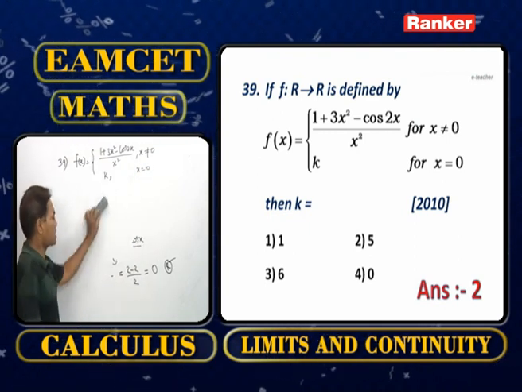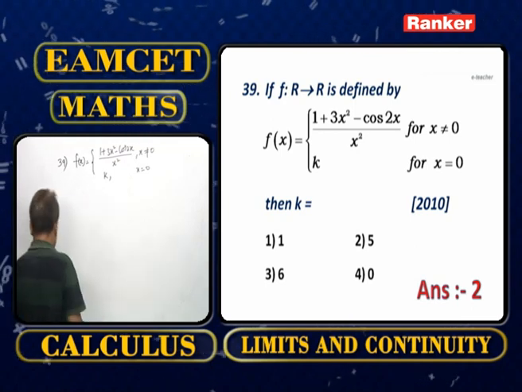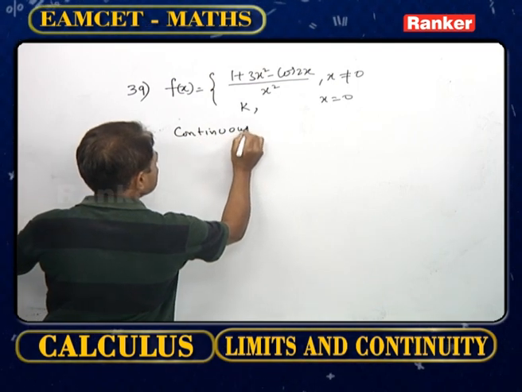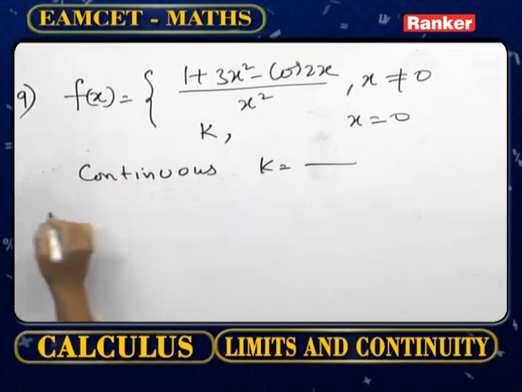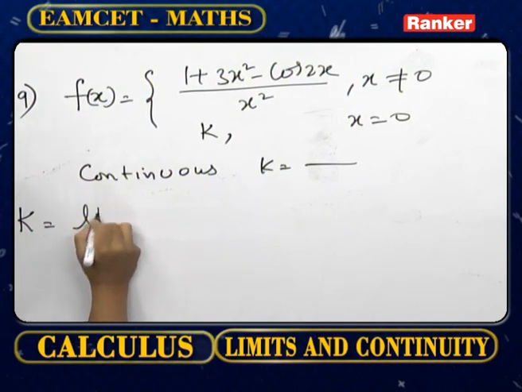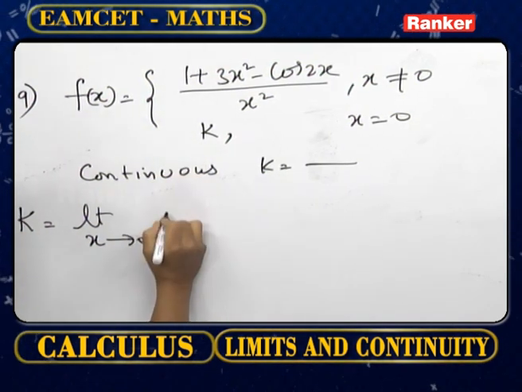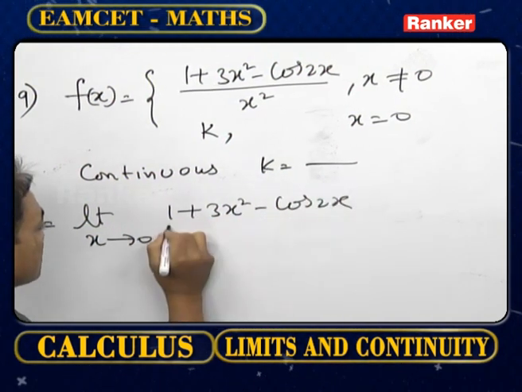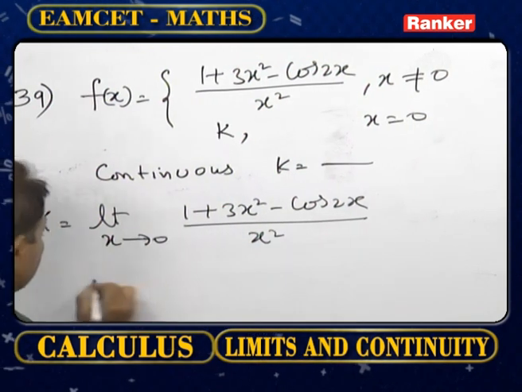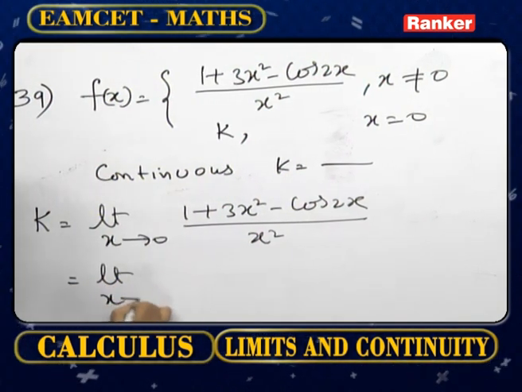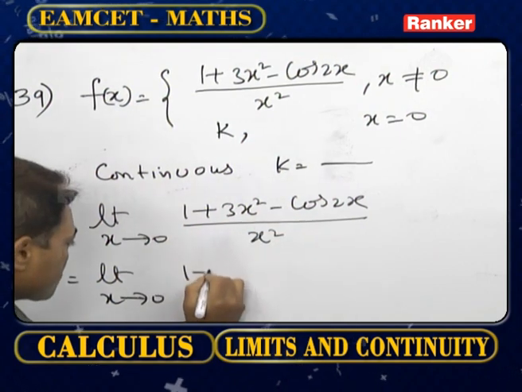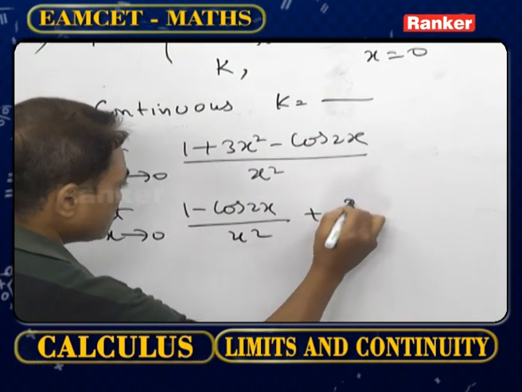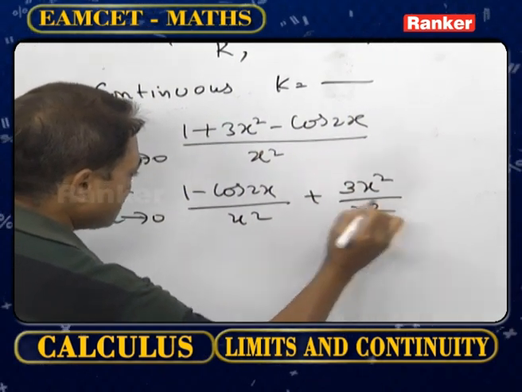Same as the previous problem, just apply the limit. If it is continuous, then what is k? So, k is equal to limit x tending to 0 of f of x, that is 1 minus cos 2x by x square plus 3x square by x square.